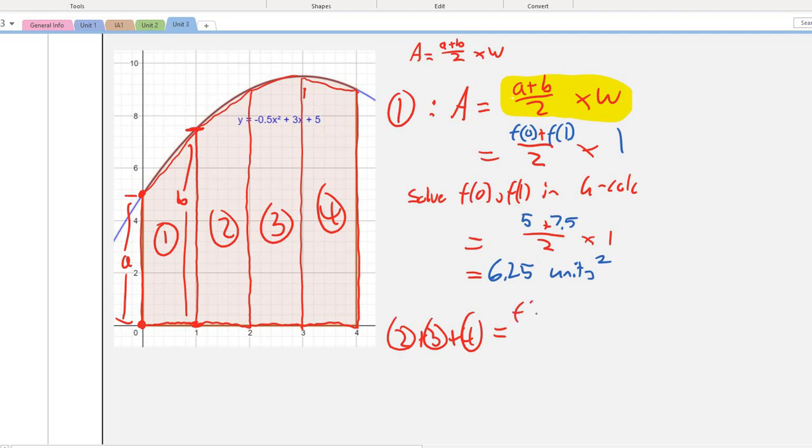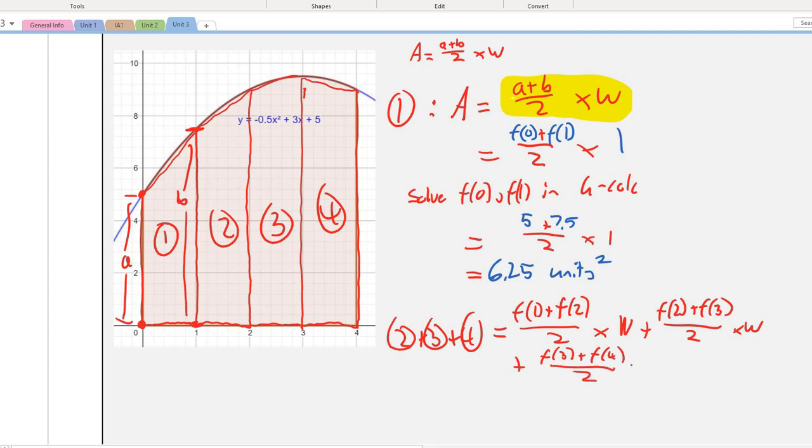So that's going to be f1 plus f, and then to get the second height, it'll be the function evaluated at 2, over 2 times the width, plus, and then for the next one, it's going to be f2 plus f3 over 2 times w, plus the same thing, f3 plus f4 over 2 times w.